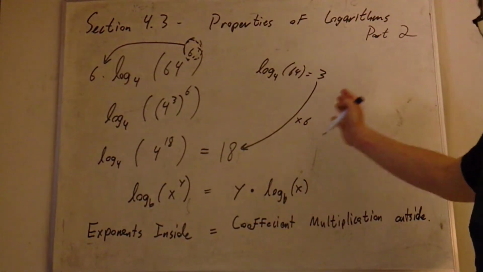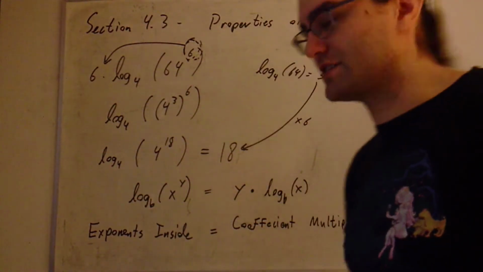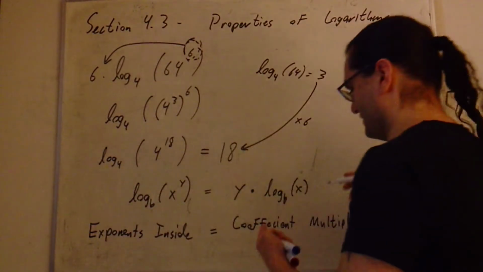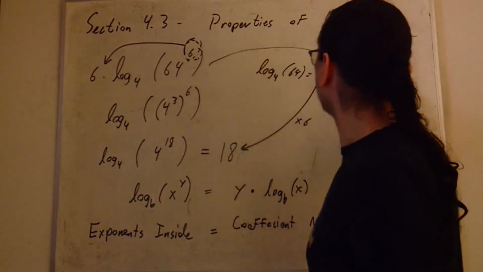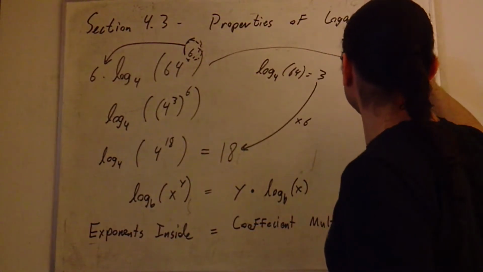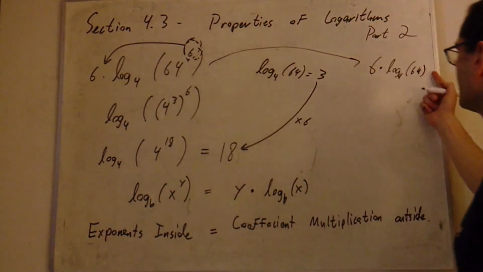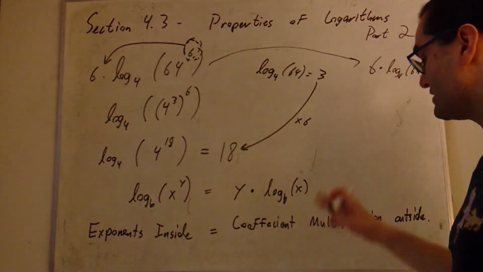And when I do this in examples, I'm just going to say bring it down. Bring the exponent down in front, because that's kind of what happens. You take the 6, you bring it down in front. This is, what do I want to say? Yeah, this is 6 times the log base 4 of 64. Take the exponent, bring it down in front as a coefficient. So this is the third property.